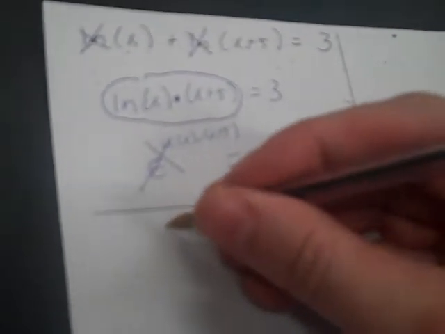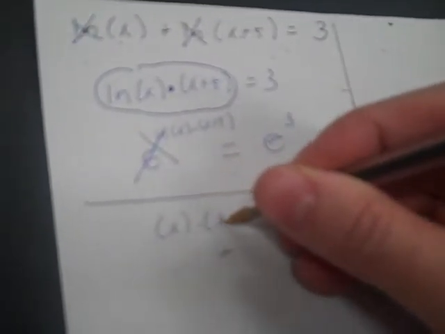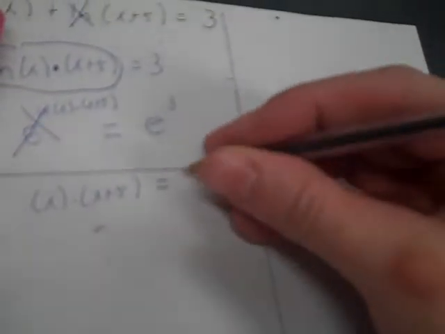The e and the ln cancel, and I now have x times x plus 5. Now, as far as the other side, I canceled the e with the ln, so I can't cancel this e out. I need to go to my calculator and find e to the third power. So to get to e, go second ln, e comes up, third power. 20.08. On the problems in this assignment, I would prefer you write just 20.